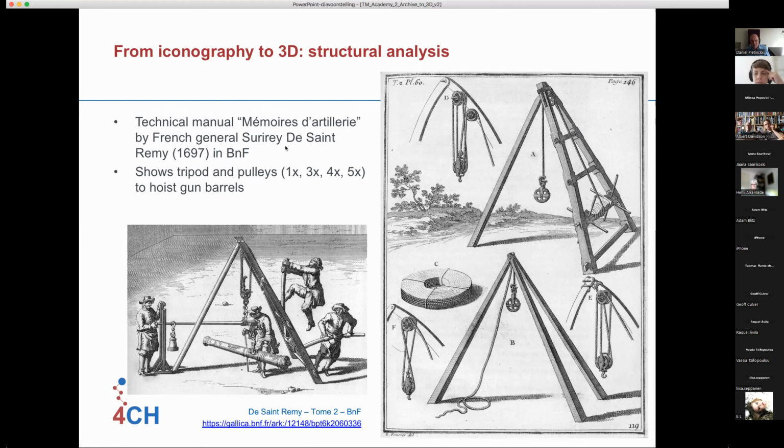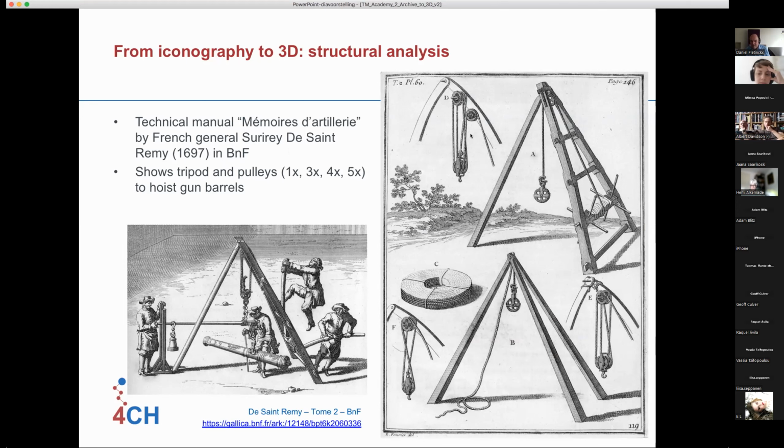You always need to be careful when you talk about, in our case, the Dutch army. Sometimes it's a little bit different, but in this manual, the Dutch guns are depicted. It depicts the French ones, the German ones, the Dutch ones, etc. And to come to our tripod here, this is all very well depicted.